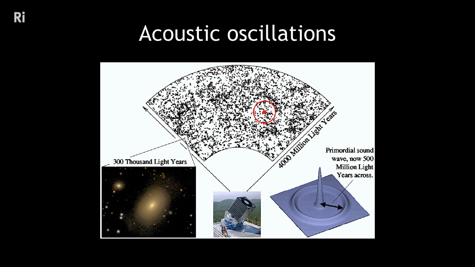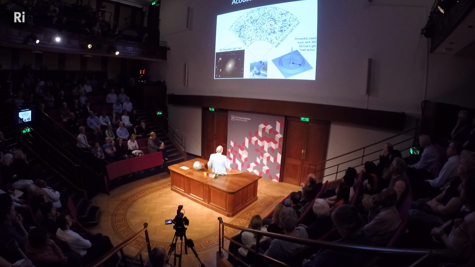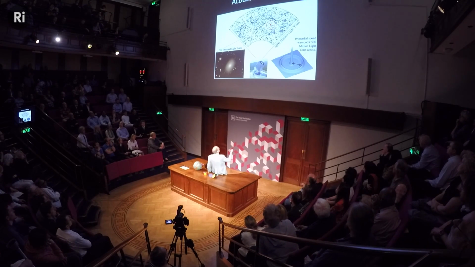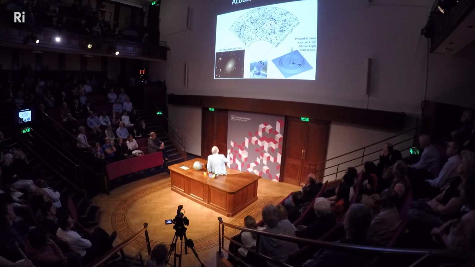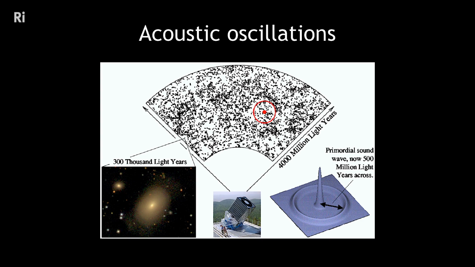The sound waves will go out and produce a ripple, and this freezes in when the electrons and protons recombine to form hydrogen. So there's an extra normal matter here, and you expect this to give you a slight excess chance of finding galaxies at this distance from where you find your starting galaxy.